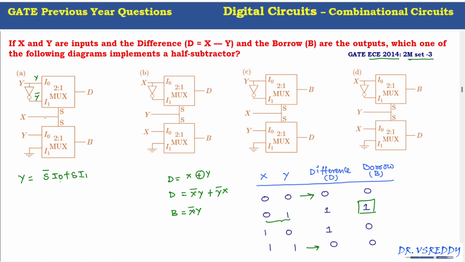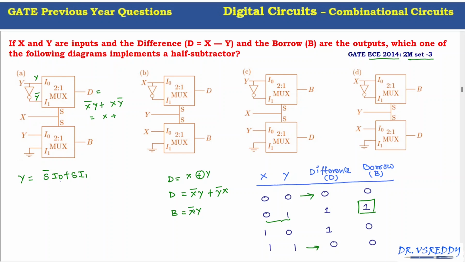Clear? So now the difference D we can write as X bar, X being the selection line, into I0, nothing but Y, plus X into Y prime. This is the X XOR Y difference.